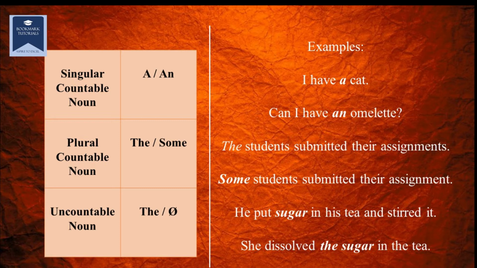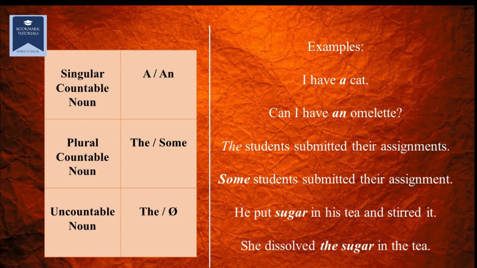Countable nouns are literally the nouns you can count, like cat or dog or the books you have, while uncountable nouns are things like water, oil, sugar, or abstract concepts like happiness.